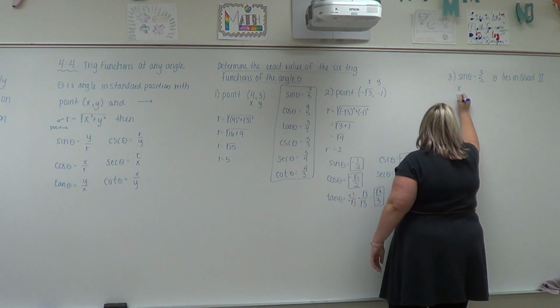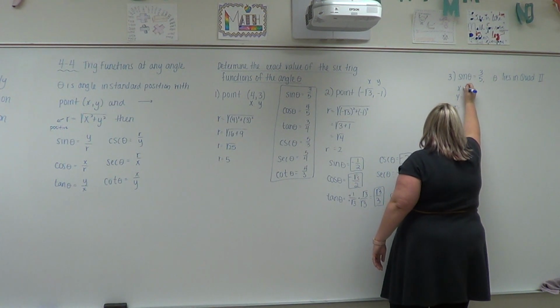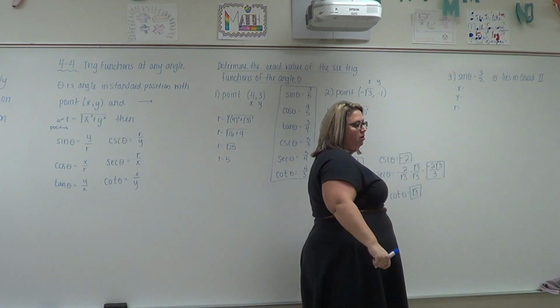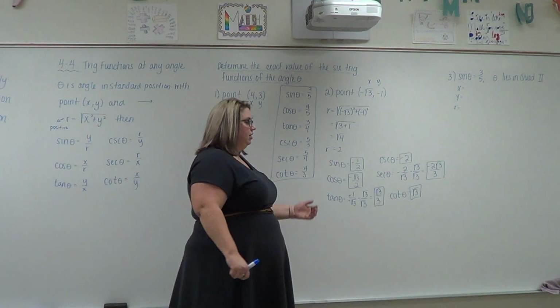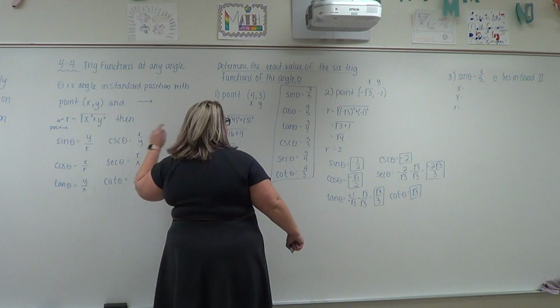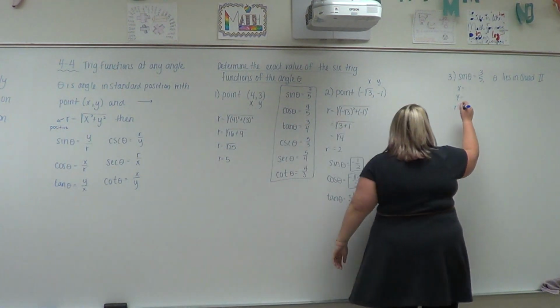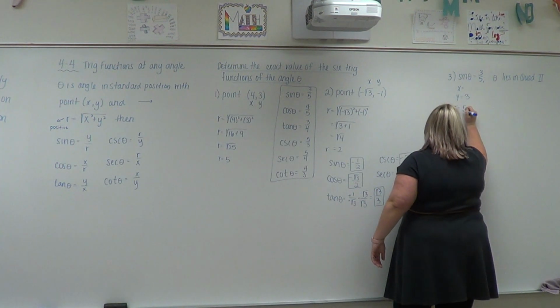So you have to know x, y, and r. Those are the three things you have to know. What do you know from sine? Y and r, because sine is equal to y over r. So I know that y is 3, r is 5.